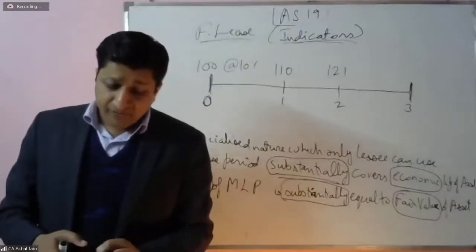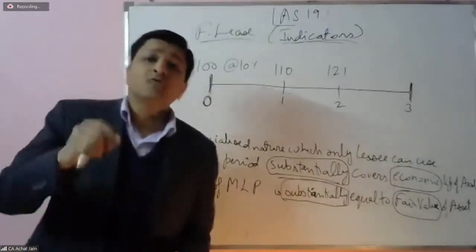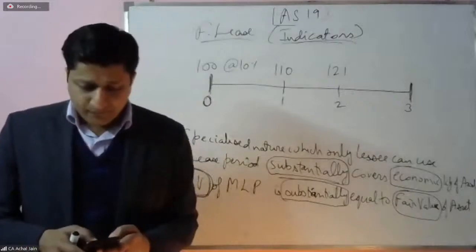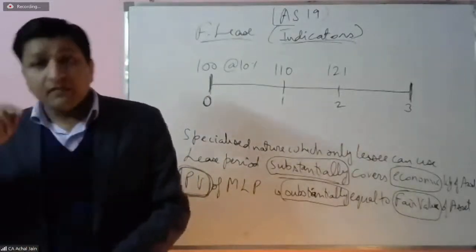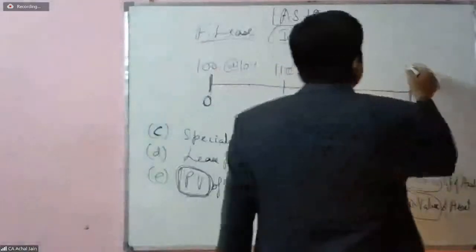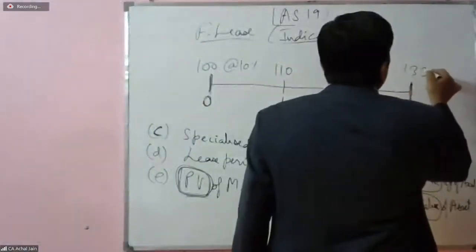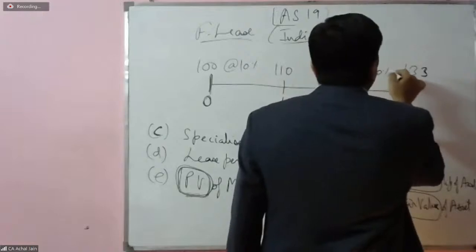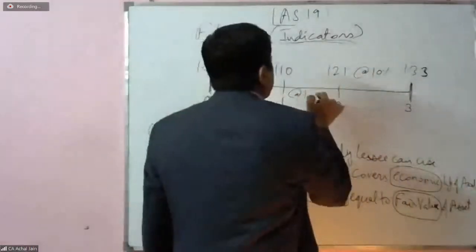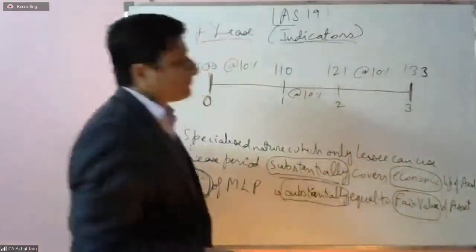Okay. And if 121 continues to be invested in the bank, so after another year, this will become 133, at the rate 10%.